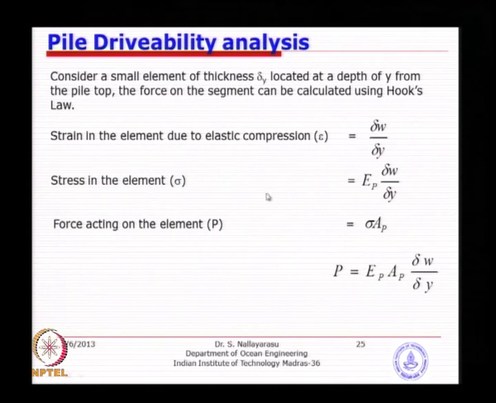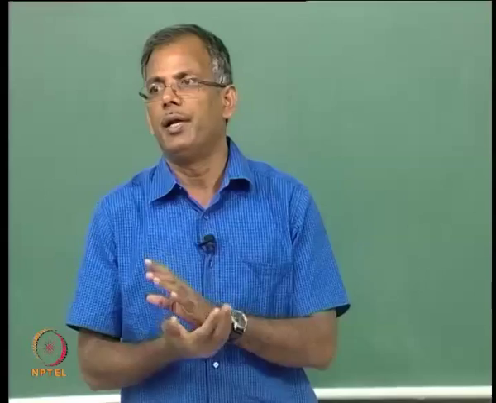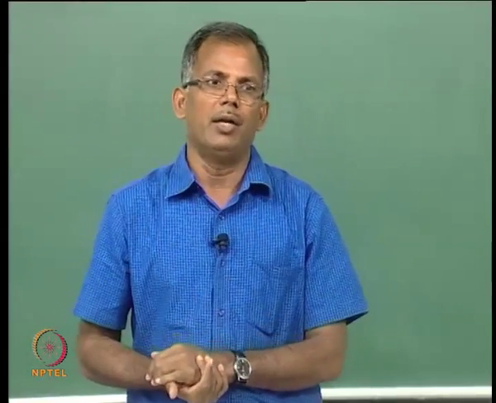If you look at the strain in that small piece of material, it is basically the change in displacement with the change in thickness, delta W by delta Y. You can calculate the stress by multiplying the strain by the modulus of elasticity from Hooke's law, and then the force on the element is simply the stress multiplied by the cross-sectional area, which is the annular area of the pile itself.